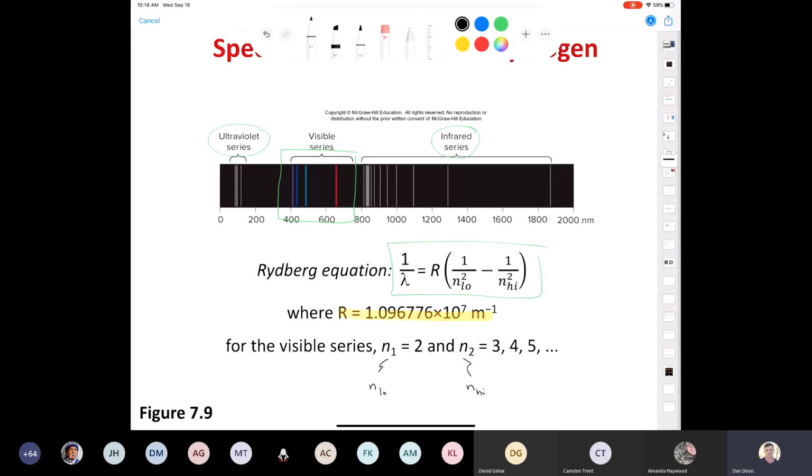The visible lines, there's 1, 2, 3, 4 of them that you can see with the naked eye. For each one of those, you substitute in the number 2 for n low, and if you put n2 equal to 3, 4, 5, and 6 and solve for lambda, the wavelength, you'll end up with those 4 wavelengths, which were shown back here. They were 410, 434, 486, 656.